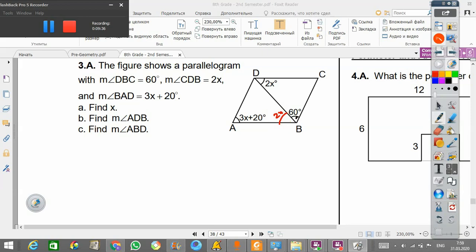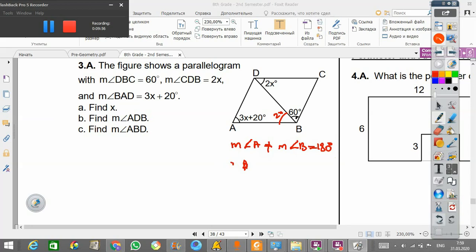Here we can write the measure of angle A plus the measure of angle B is equal to 180. Then what is angle A?